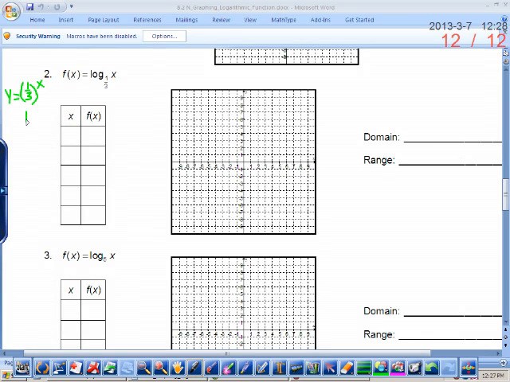So go ahead, even though there's not a table there, you can make yourself a little table. I'm going to fill out the easy x values first. 1/3 to the negative first power, 3. 1/3 to the negative 2 power.